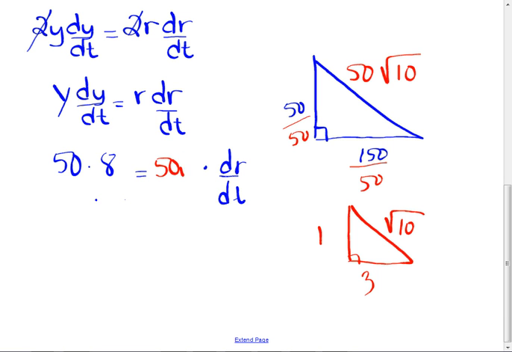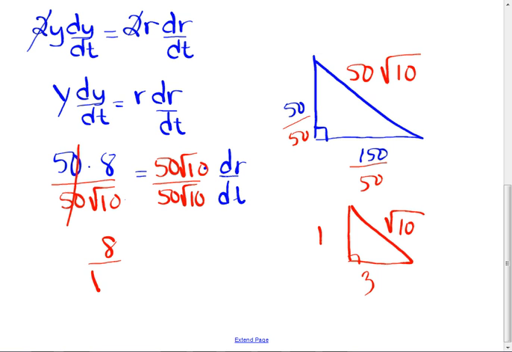If you were given the choice, you could leave it as the square root of whatever it is, because they don't care about the arithmetic. But if it's multiple choice, it doesn't matter. And then what do we do? We divide by 50 square root of 10, and by 50 square root of 10, and no need to rationalize. No need to put it into a decimal.